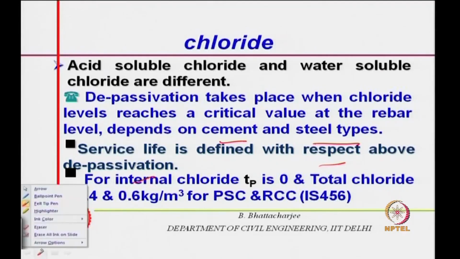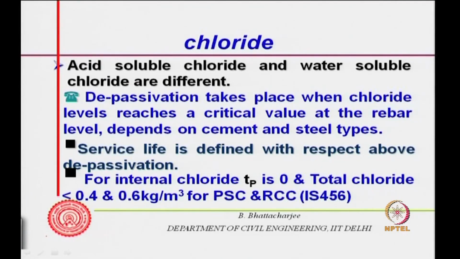Of course, internal chloride is the chloride coming from ingredients, and IS 456-2000 tells you that this internal chloride, which is acid soluble chloride, total chloride, should be less than 0.6 kg per meter cube for RCC, and for pre-stressed concrete 0.4 kg per meter cube.